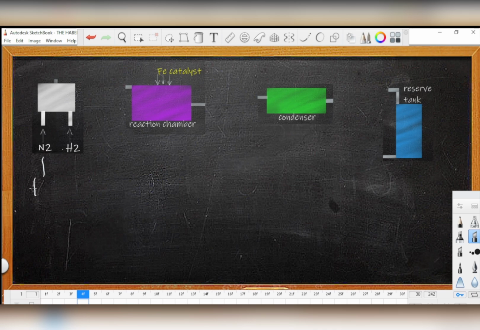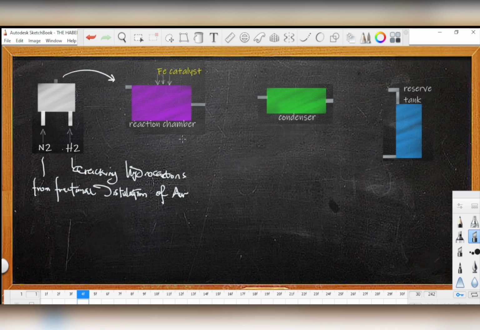So this is from fractional distillation of air, while this is from cracking hydrocarbons. These are the sources of nitrogen and hydrogen. That is like a collection chamber. Now next, it is sent from this collection chamber to this reaction chamber.